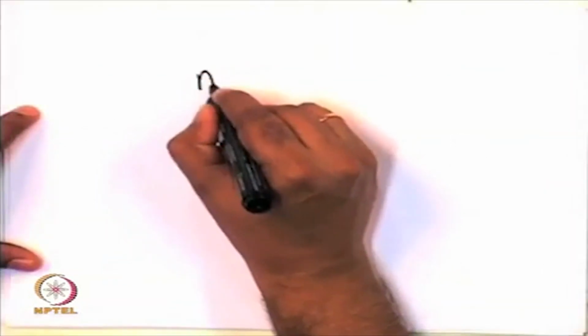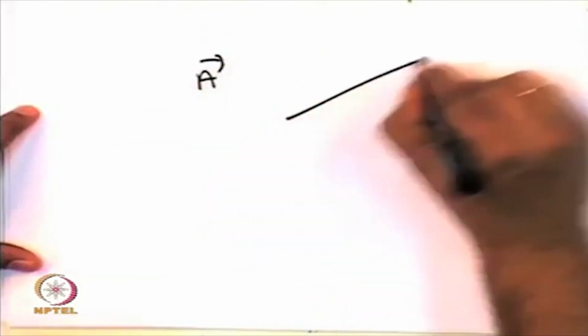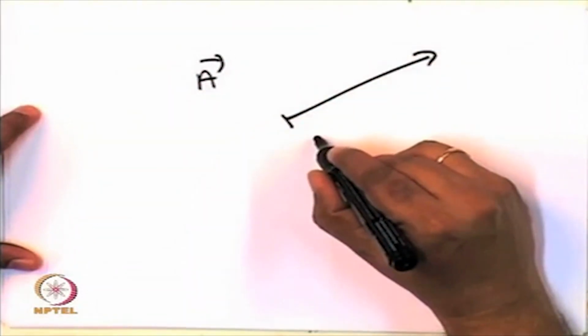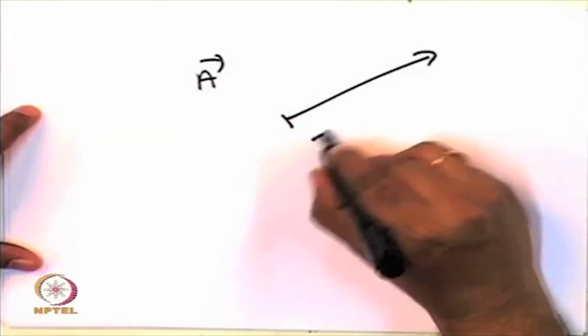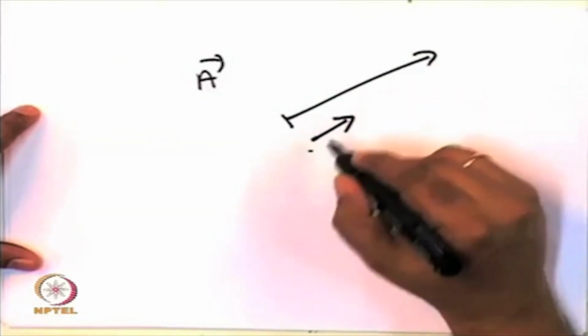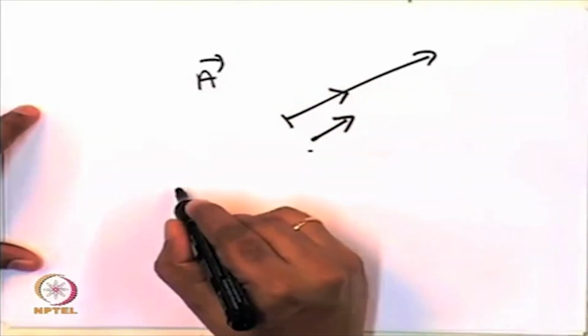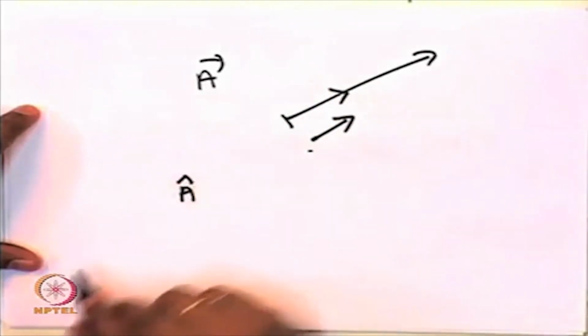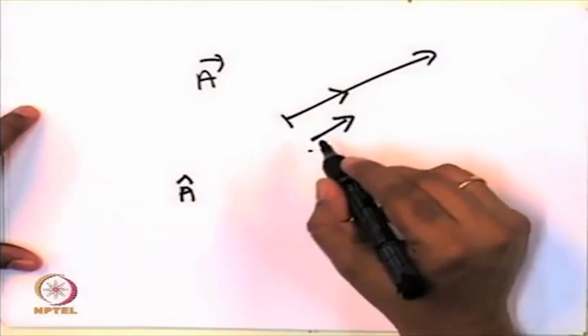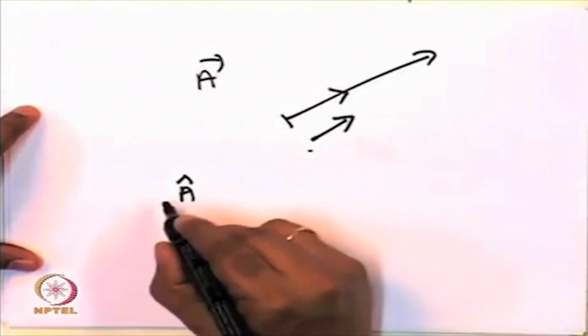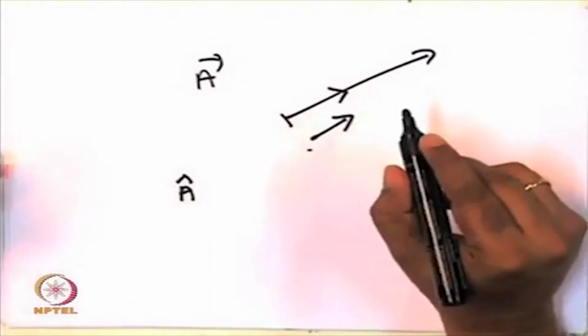Let us say you have a vector A, which is from here to here. If we want to know the direction of A, that can be represented by the unit vector A cap, which only shows the direction. Its magnitude is 1.